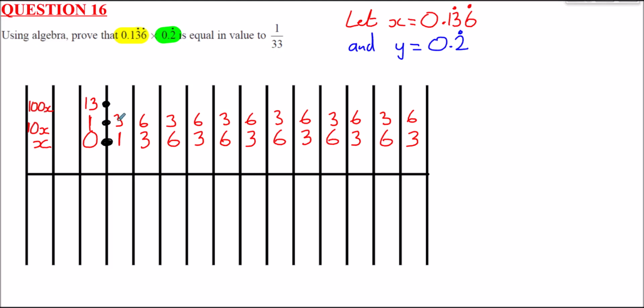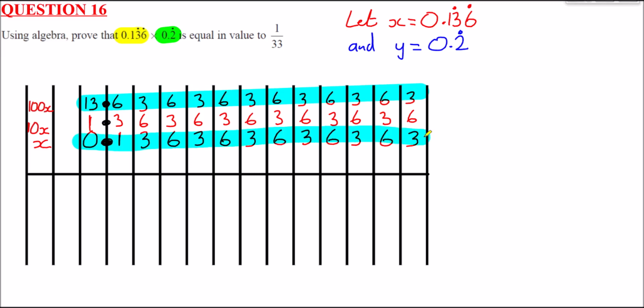And then after the 3, the first digit is going to be a 6. Then comes a 3, then a 6, then a 3, and so on. Now, if we have a look at this, you should hopefully see that the top line and the bottom one I've done do in fact line up. This one here is in line with that one there.